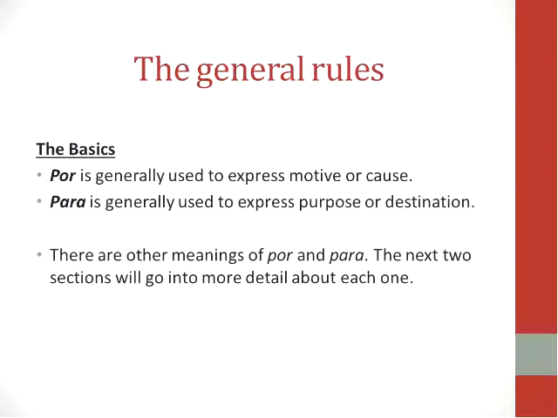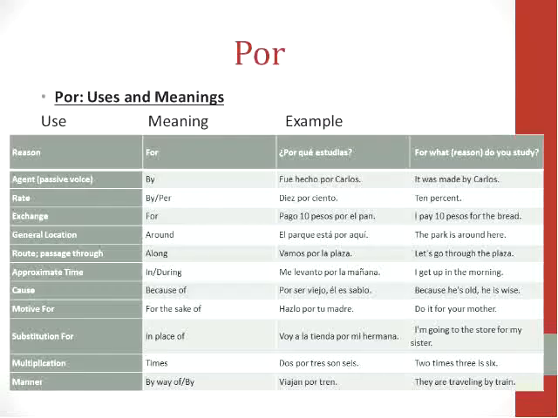Now look at some examples and it'll make a little more sense to you, but these would be the rules to try to memorize and get stuck in your head. You will be practicing this in your lesson this next week. But here are some expressions using por or para where you can get a sense of the meaning of the word.